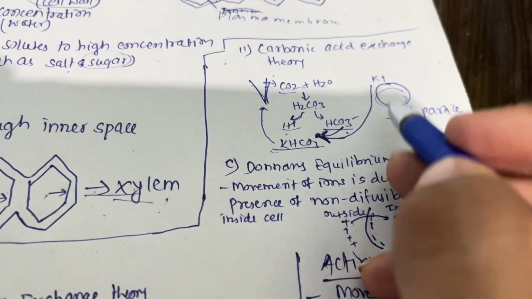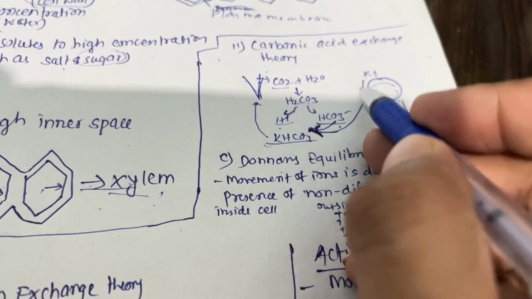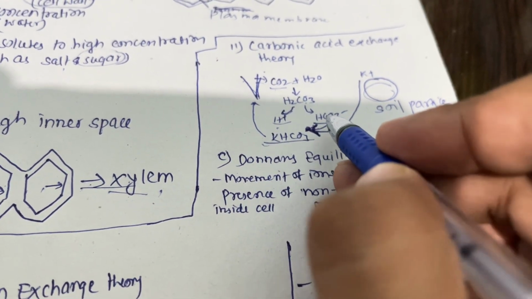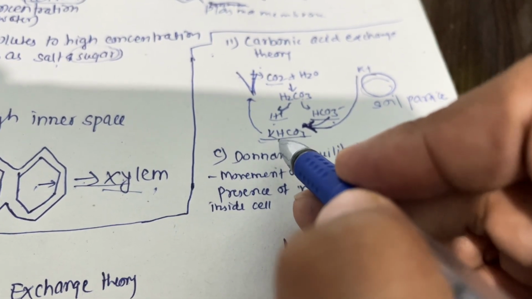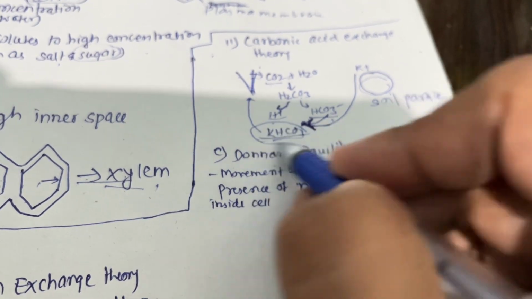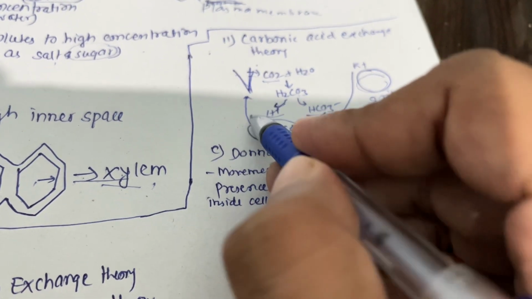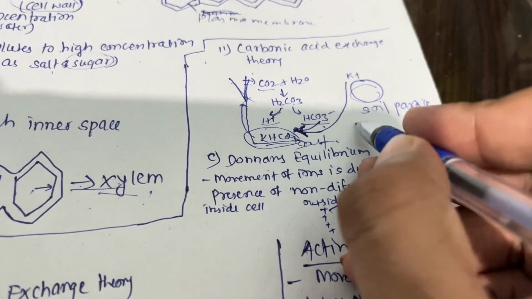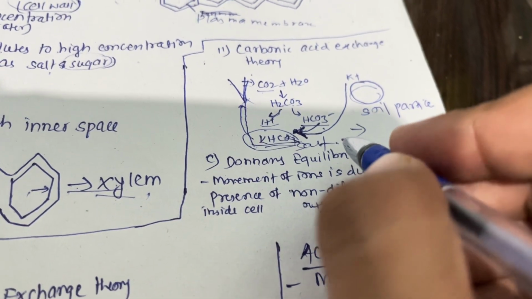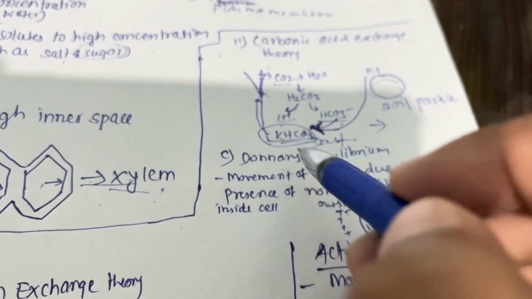Now the soil particle consists of potassium ion. This potassium ion will react with bicarbonate ion and form potassium bicarbonate. This is the salt. Now the salt will be absorbed by the root here. This theory is known as carbonic acid exchange theory.